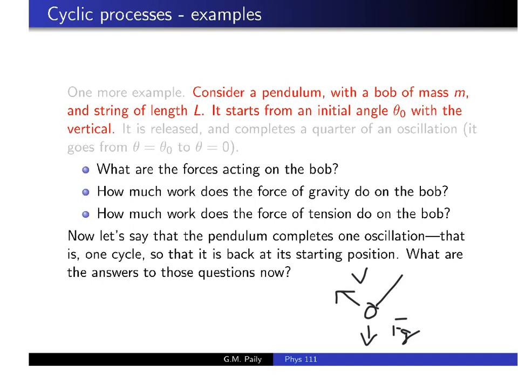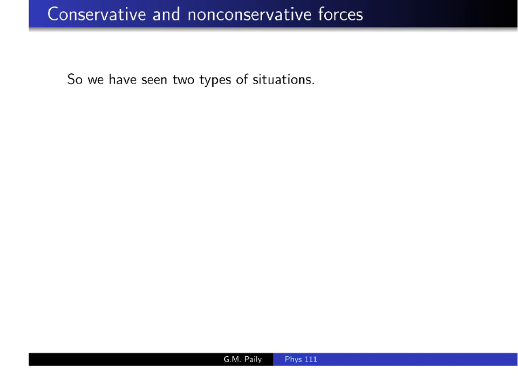But what we're interested in is types of forces like gravity and the spring force, where it's not always zero work, but sometimes it does positive work, sometimes it does negative work. But if you do a complete cycle, then the total amount of work done on the system is zero. So those are two we've seen.